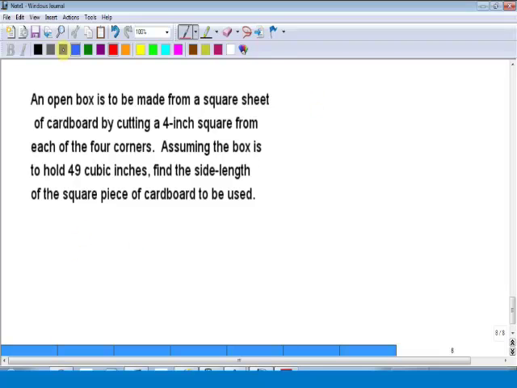All right, so great big piece of cardboard, square cardboard, flattened out, and we're going to cut squares out of this square piece of cardboard, like that, and like that, and like that, and like that.